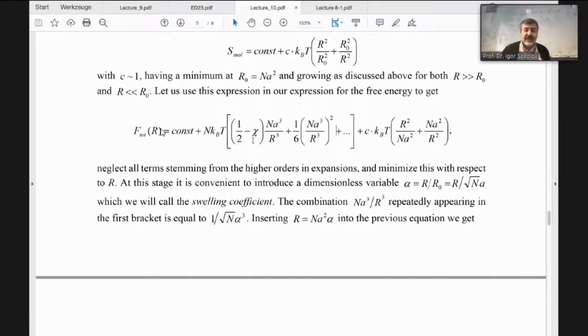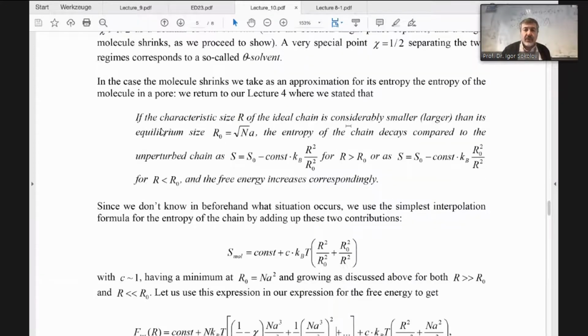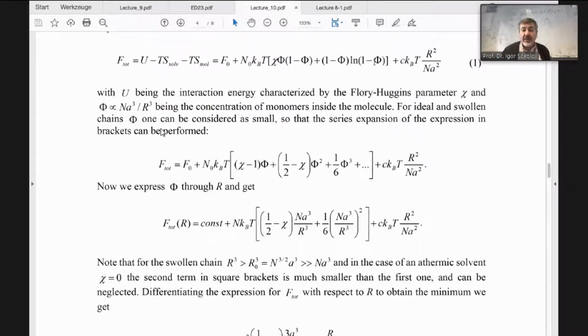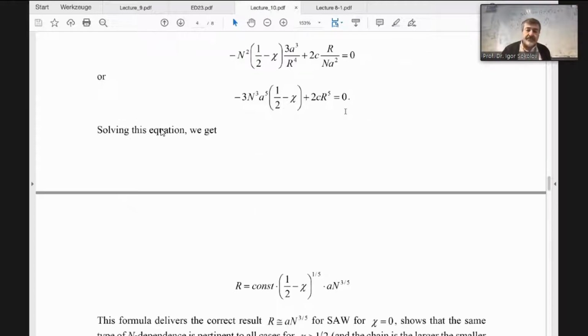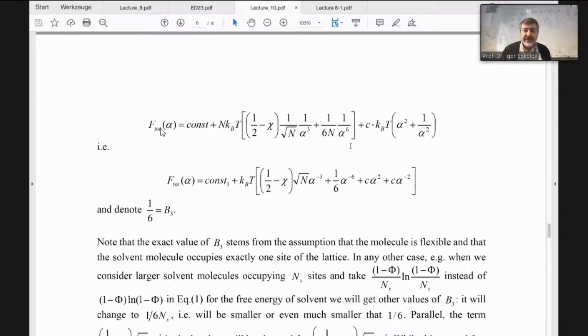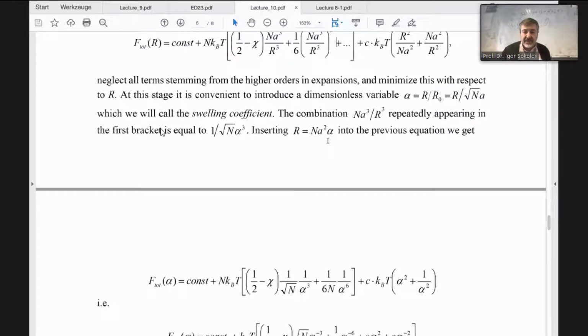This is the internal energy, the interaction, and these are the higher corrections, which come from the translational entropy of the monomers, which come from here. And now I have this kind of a total energy.